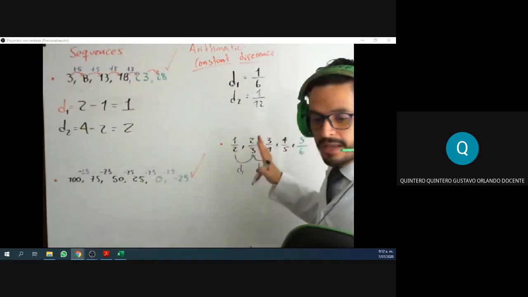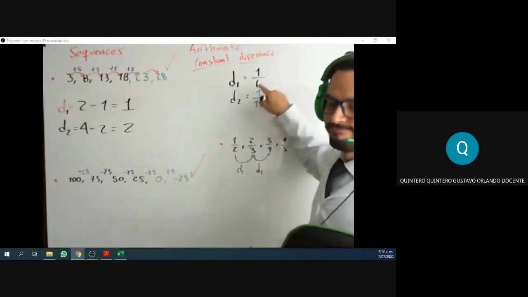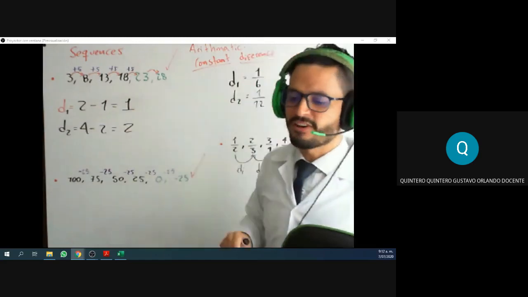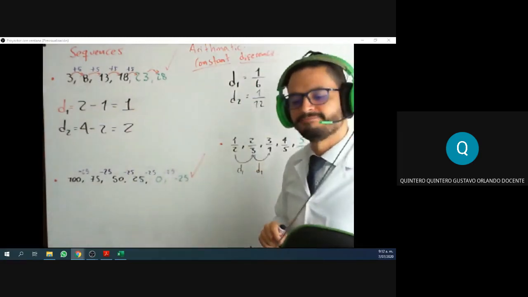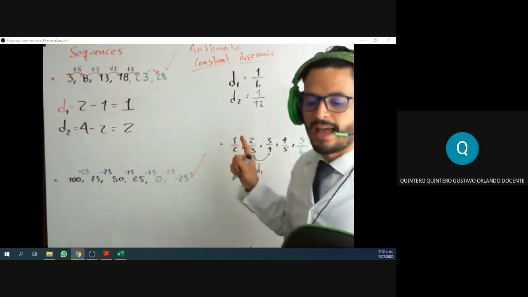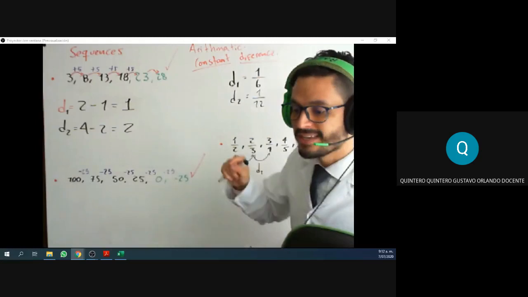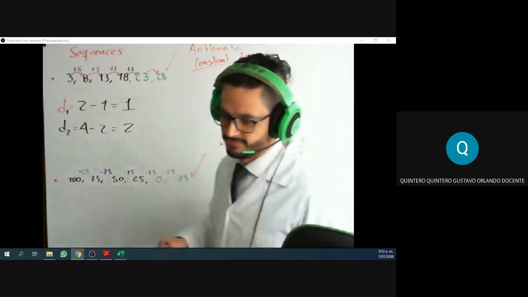So just by doing the first 2, we notice the differences are not constant. I'm not going to say it. You guys are going to say it. Is this an arithmetic sequence? Yes or no?